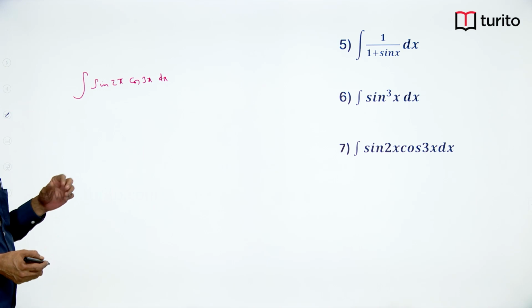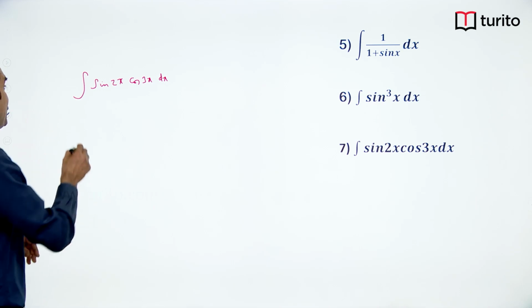For applying transformations, you first multiply by 2 and divide by 2.